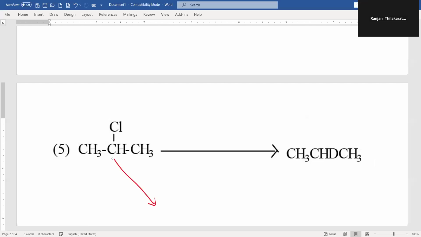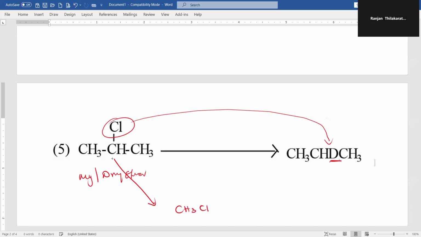Okay, in this case, it is D atom. That means this chlorine has been replaced by deuterium atom. So you can now use magnesium, dry ether, then you will get the CH3CHCH3MgCl.